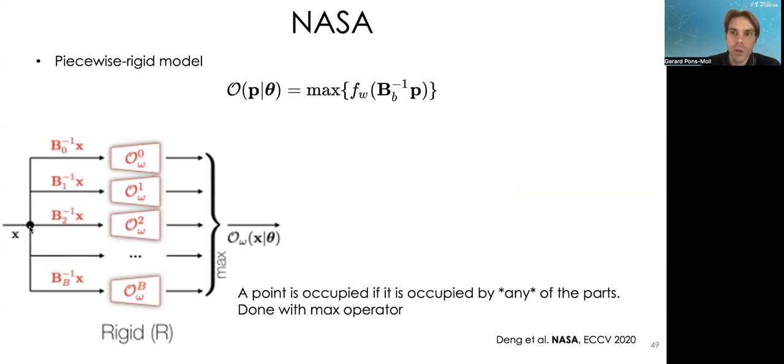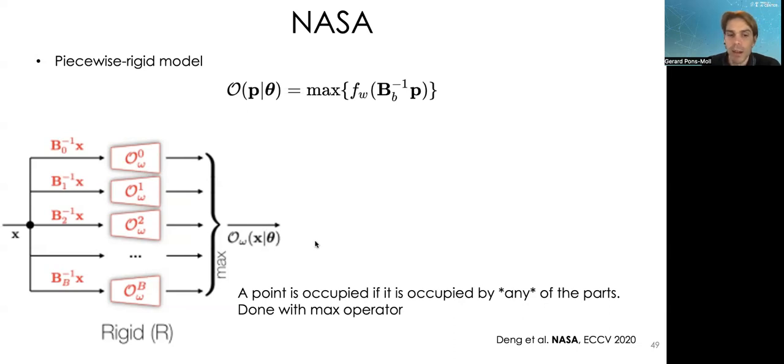We don't know to which part a point in space belongs. But what the model will do is assume that it belongs to each of the parts, unpose the point according to each of the parts, and then take the occupancy as the maximum. So predict the occupancy for every rigid part, and then the occupancy of the point will be the maximum occupancy.